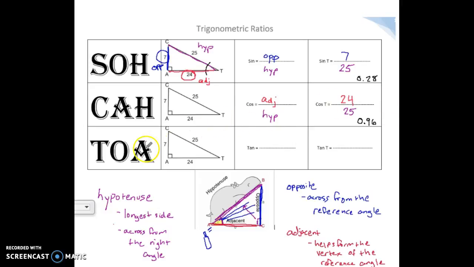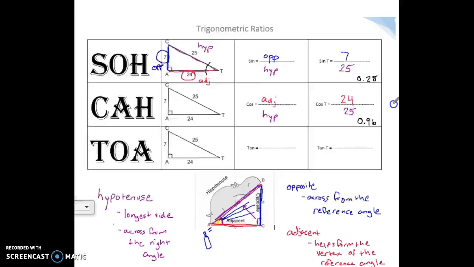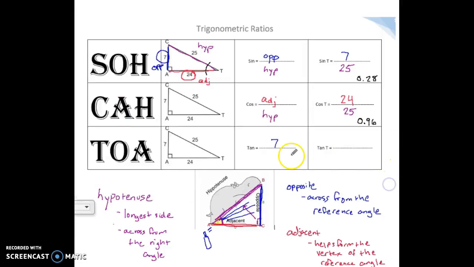All right, and then the last one we're going to talk about is TOA. TOA stands for tangent, and tangent equals the ratio of the opposite side over the adjacent side. So I'm going to go back and grab my blue for opposite. So opposite here is 7. The adjacent side is 24. Whoops, I'm sorry, I put this in the wrong place, didn't I?